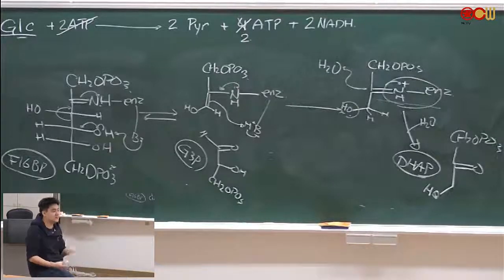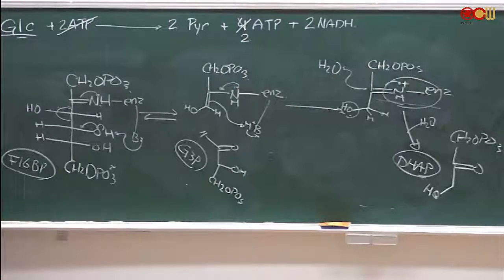Obviously, through evolution, we want to minimize the amount of redundant pathways or unnecessary reactions or unnecessary enzymes. So evolution favored the production of an isomerase that could convert G3P to DHAP or DHAP to G3P, and then use one set of enzymes that can convert G3P down to pyruvate.